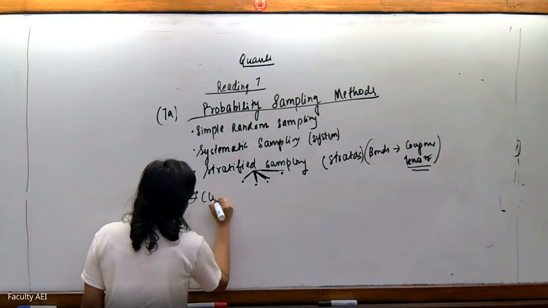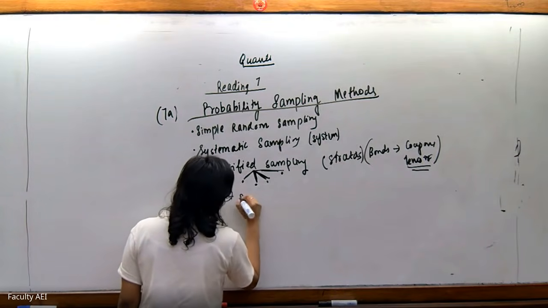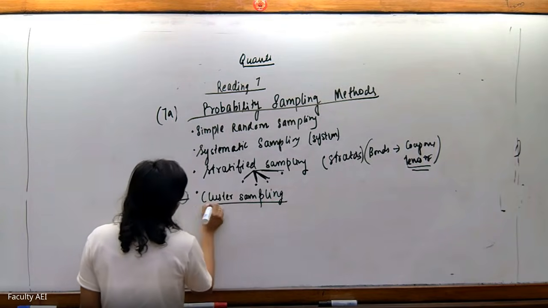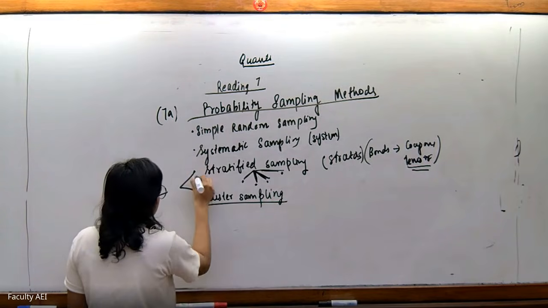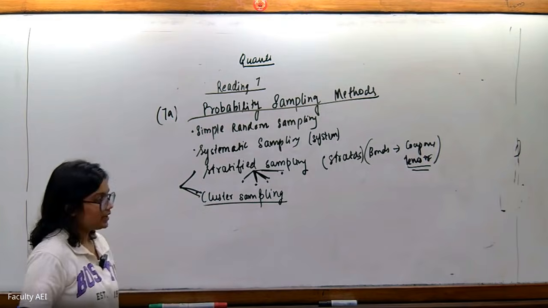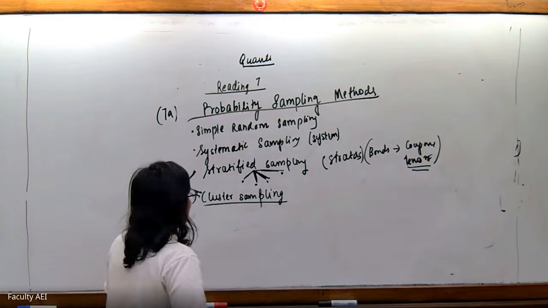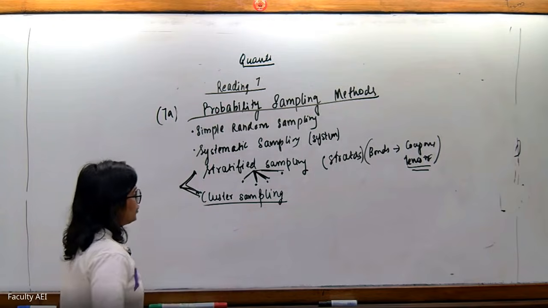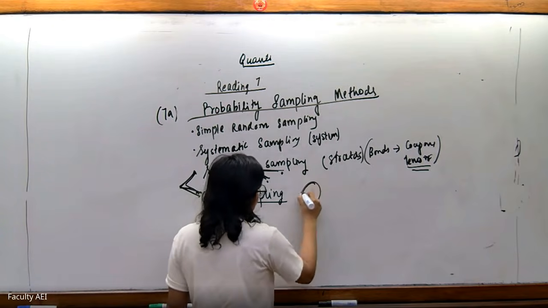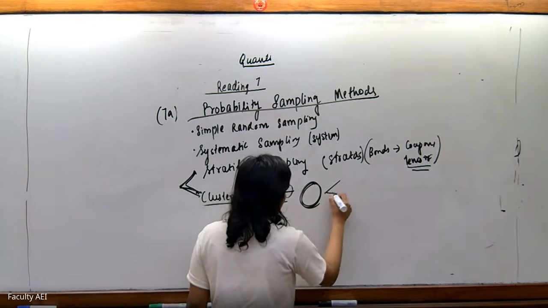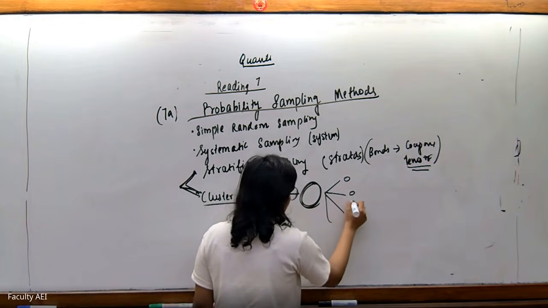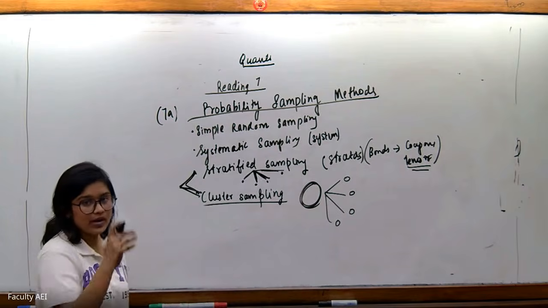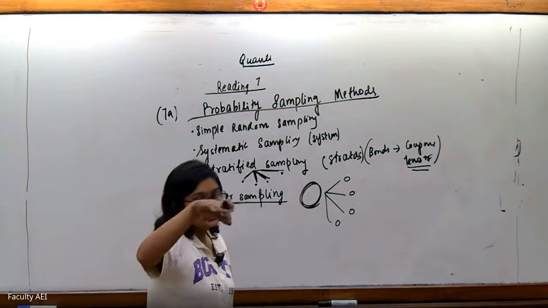Then comes cluster sampling. Cluster sampling and stratified sampling may look very similar, but the difference is, in cluster sampling, you have your whole population and you divide it into different clusters. Similar to what stratified sampling was doing, you divided them into different groups.